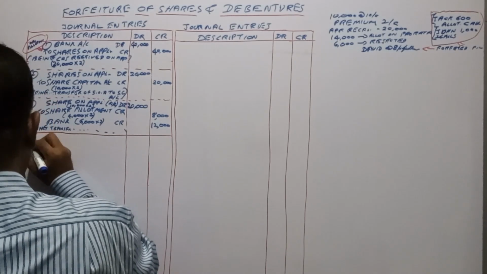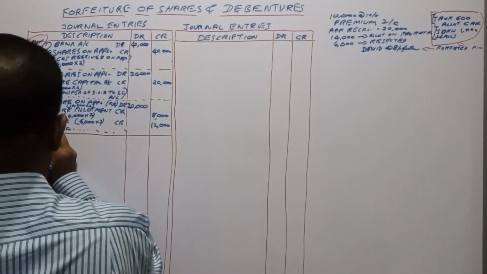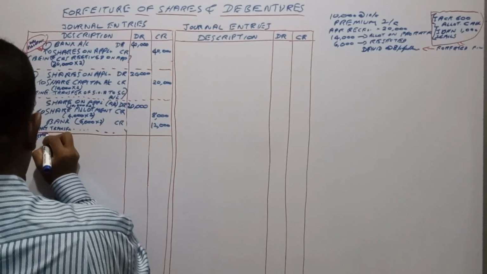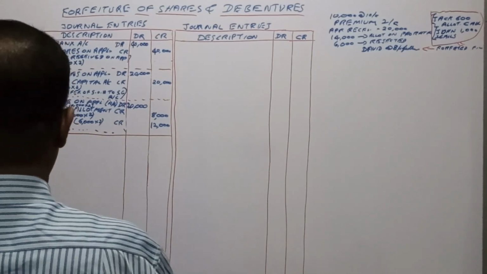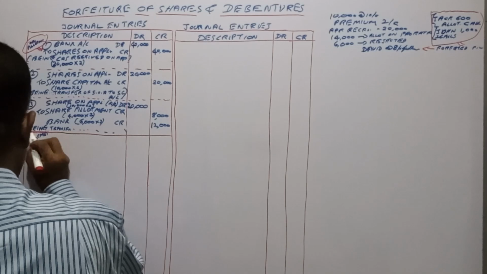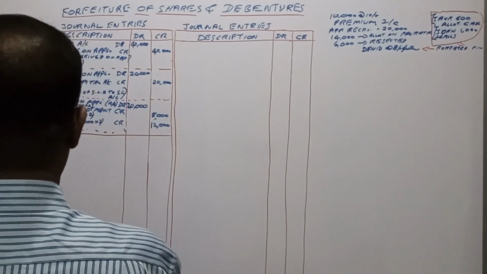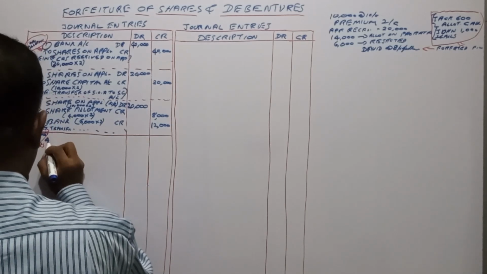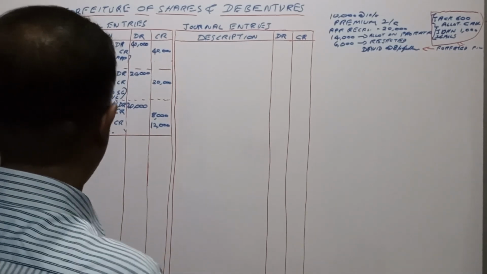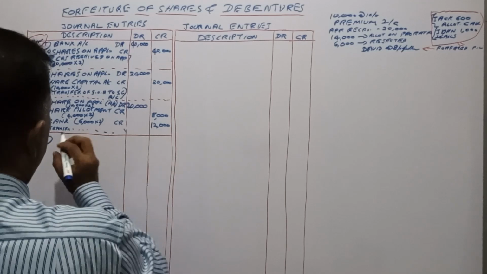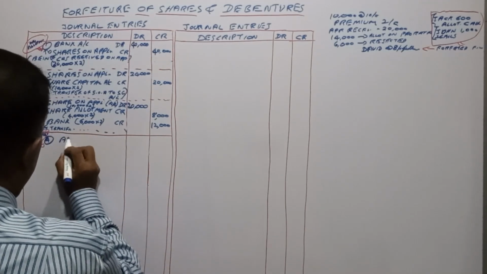On allotment, the fourth journal entry: allotment account debit because it is receivable, right?